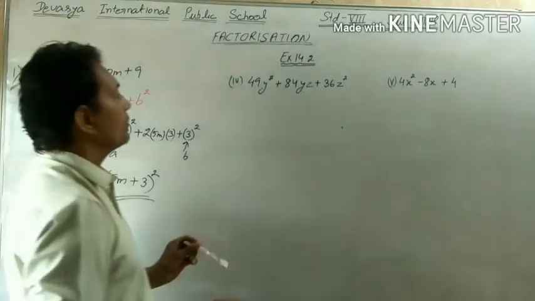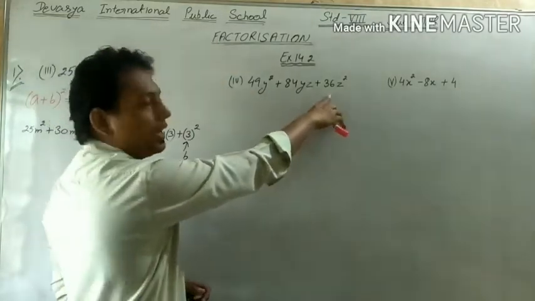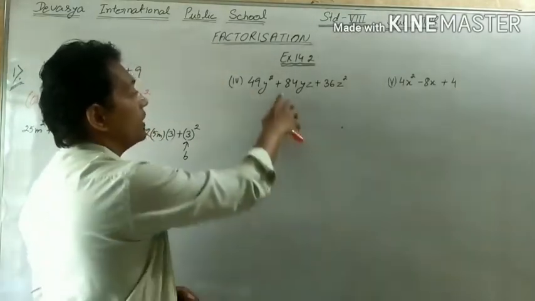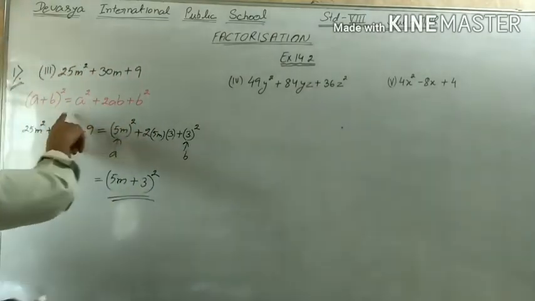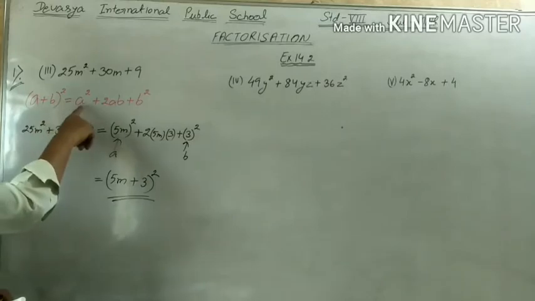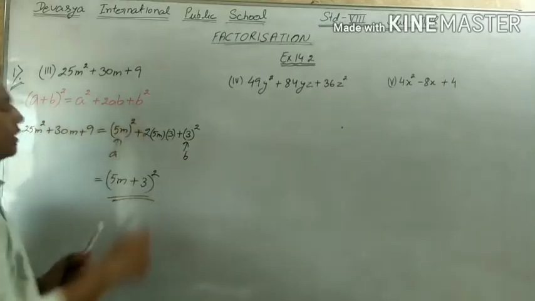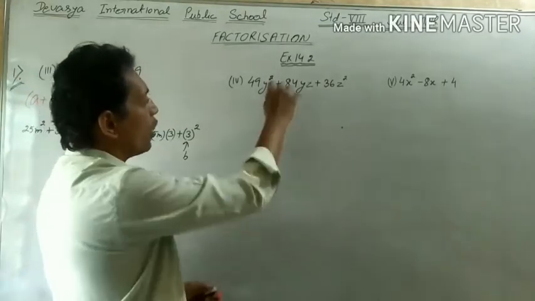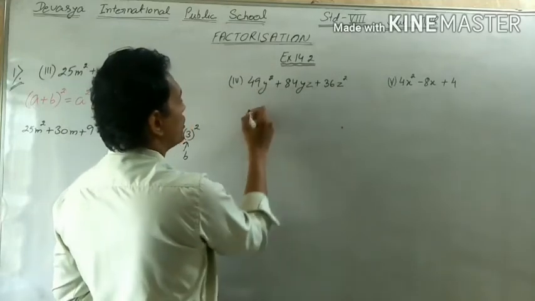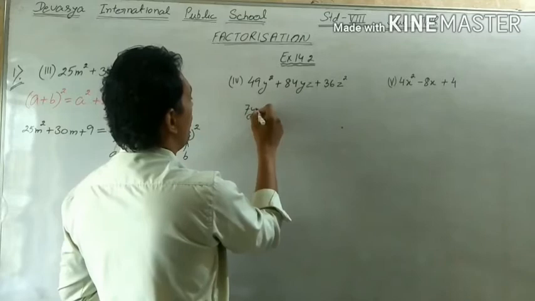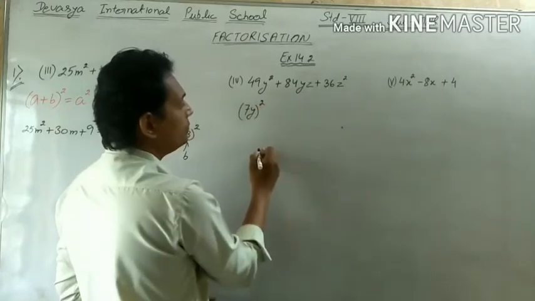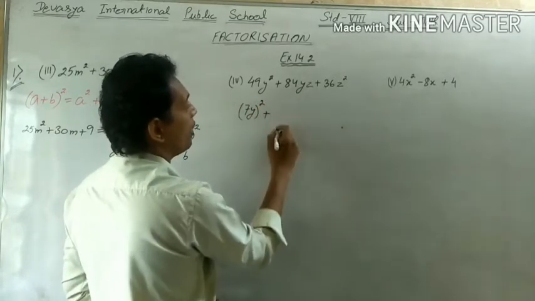In the same way, here again the first and the last term are perfect squares and the middle term has a positive sign. So again the same identity will be used, that is A plus B whole square is equal to A square plus 2AB plus B square. So we can modify this term as 49y square can be written as 7y whole square. We'll write the middle term later on.